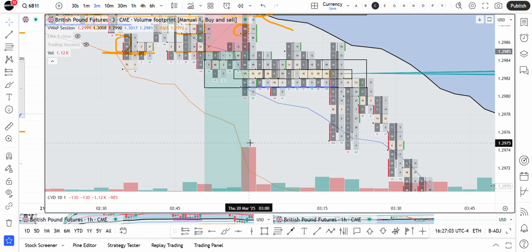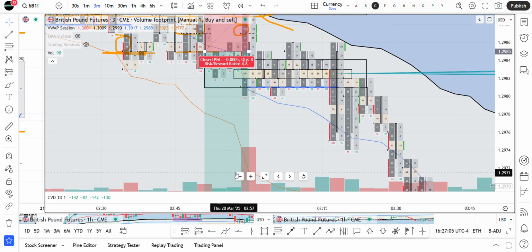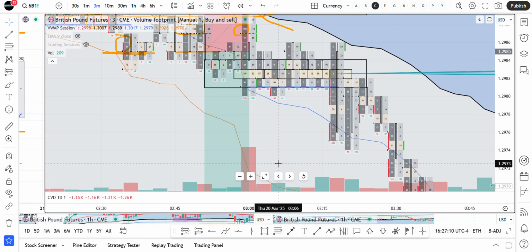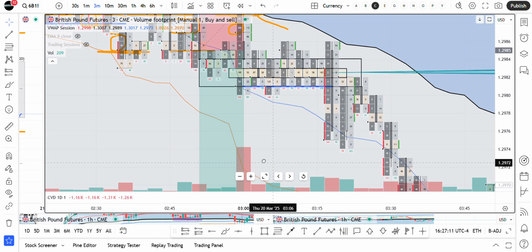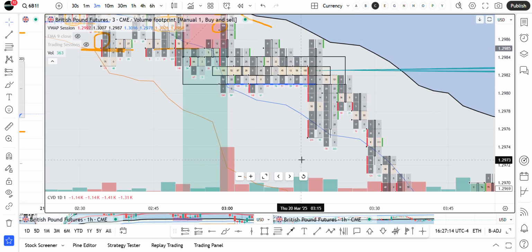But if we add half, let's say 600, so that's 800, it's 1000, 1200, 1300, 1400, 1800, 2000. Oh, and exclude that one as well because that's the one that broke out. So that's 1800 volume traded here.